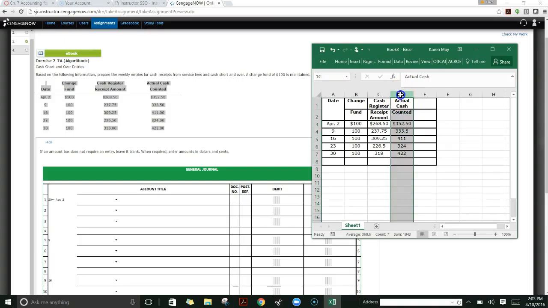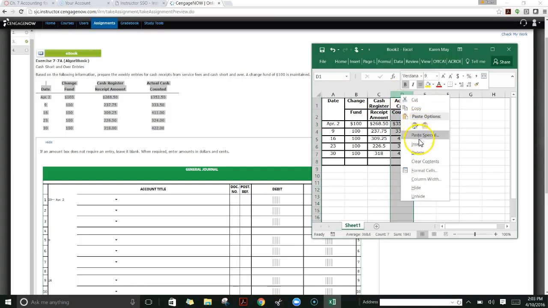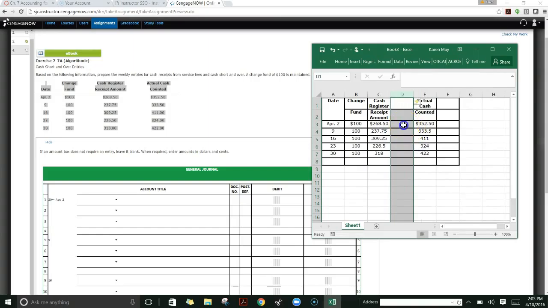So we're going to add a column here so that we can total these two. And by using a spreadsheet, you can fill it down and don't have to keep doing a lot of adding. And then we can compare the two there.